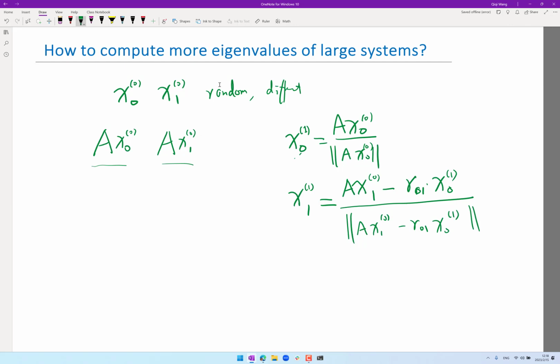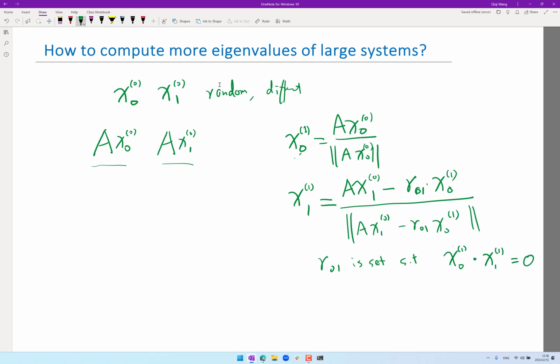Basically we multiply the vectors with the matrix, then we make it a unit vector, and this R01 is set such that x0 dot x1 is equal to 0.